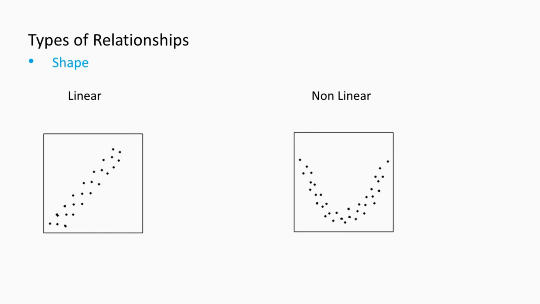And here, this is a non-linear relationship because you can see there is a curve, not a line. Therefore, according to shape, we can see the relationships as linear and non-linear.